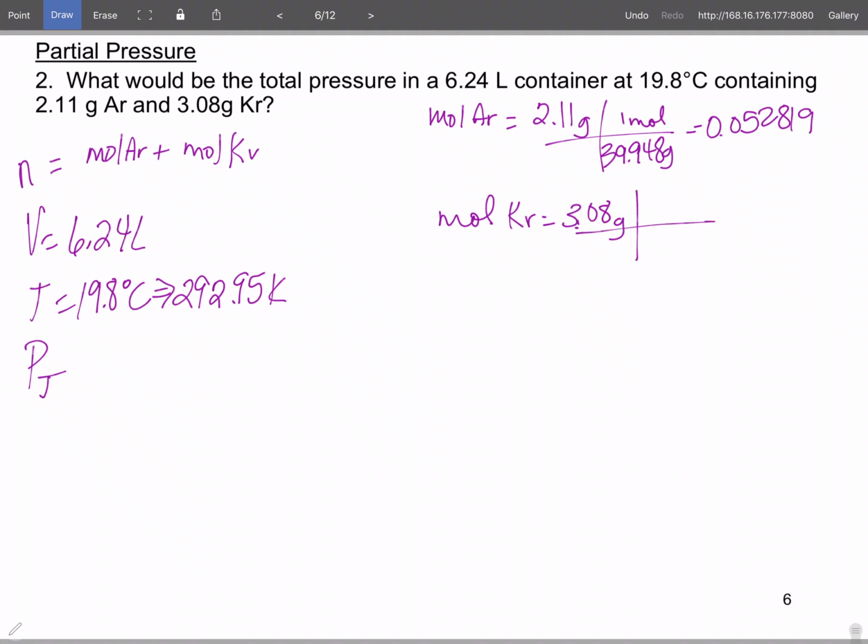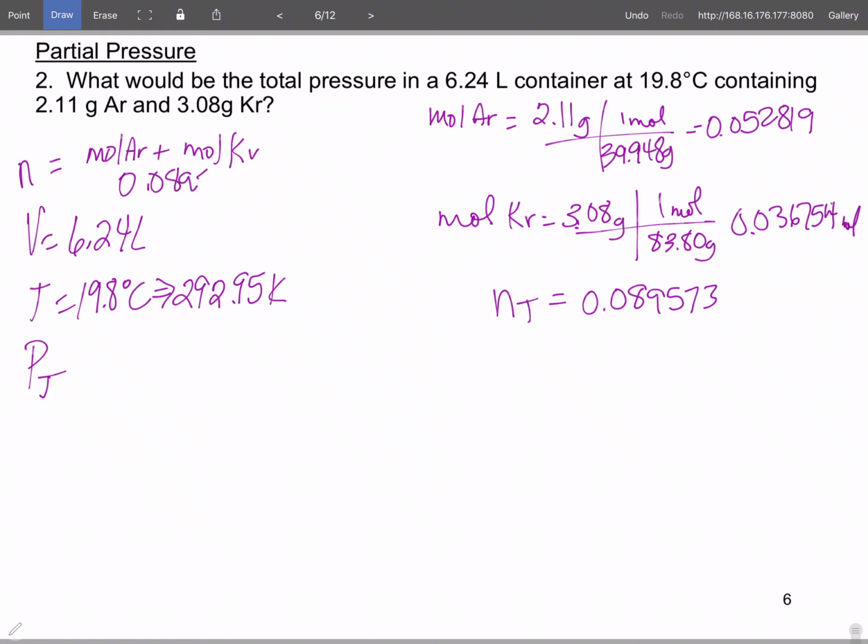The atomic weight of krypton, another noble gas, is 83.80 grams per 1 mole. That gives us 0.03675 moles. So if we combine these, in total it's going to be 0.089573 moles. So PV is equal to nRT.